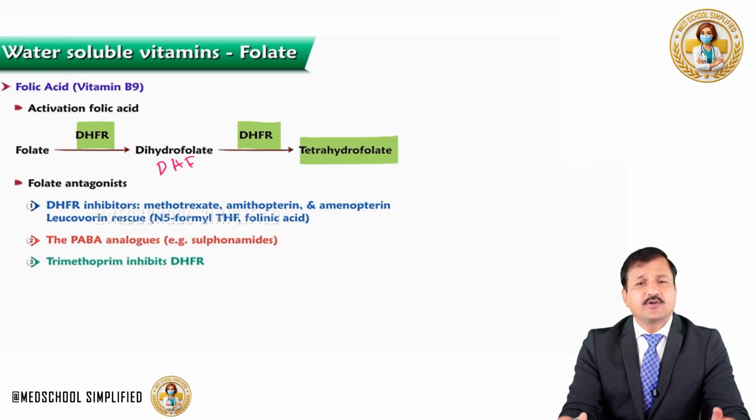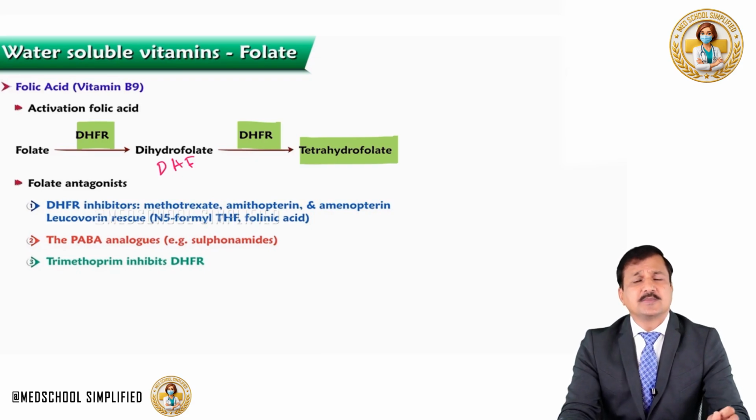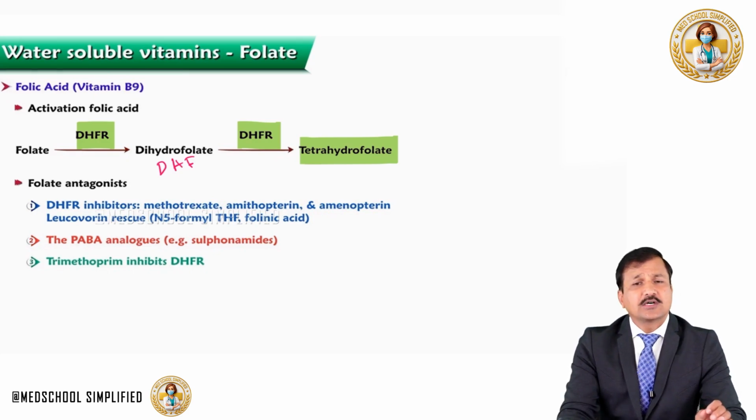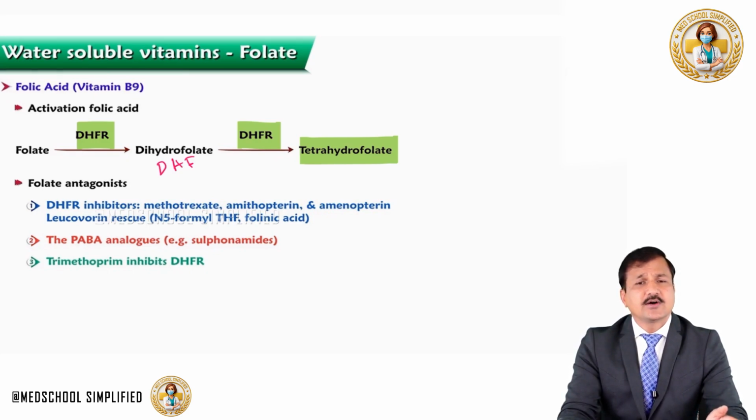When the tetrahydrofolate levels are low in the cell, 1-carbon metabolism does not go on. One of the important functions of 1-carbon metabolism, with the carbon donated by tetrahydrofolate, is the synthesis of purines and pyrimidines, and also the conversion of deoxyuridine monophosphate into deoxythymidine monophosphate in DNA synthesis.